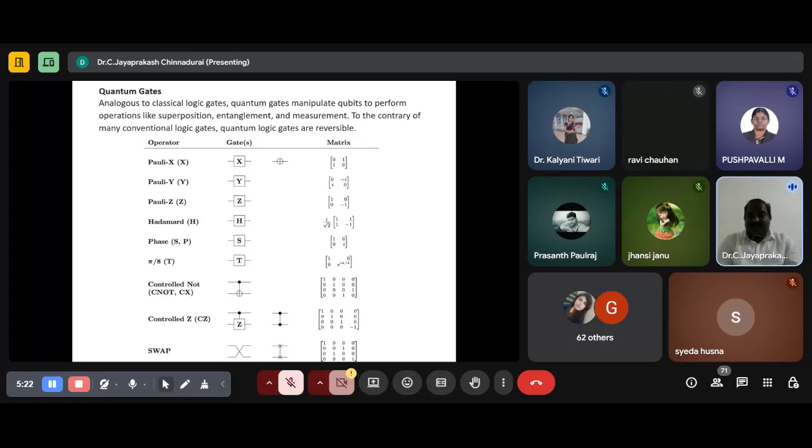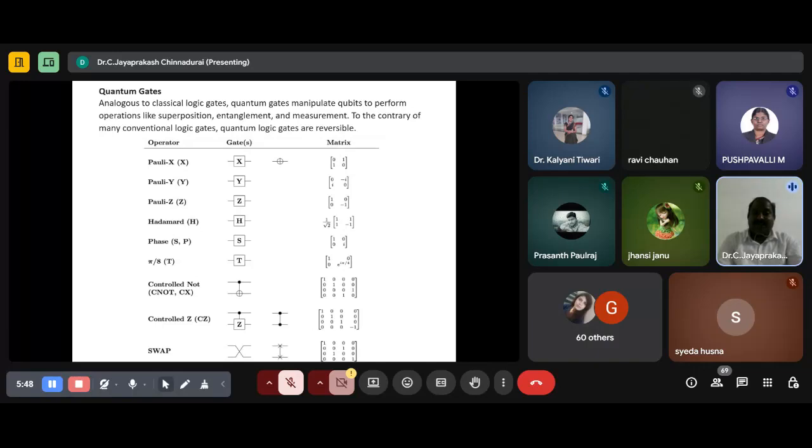And the Hadamard gate, H, is one of the important concepts we have in quantum gates. It is represented as H. So what is the matrix for this Hadamard gate?